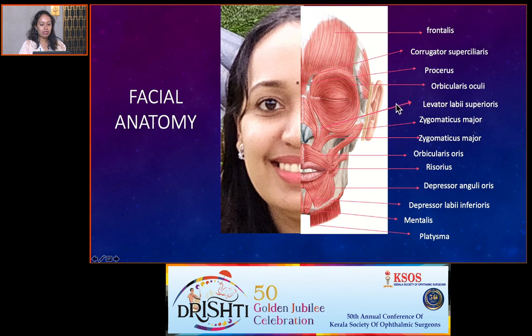Levator labii superioris and zygomaticus major and minor help in upward movement of the lip. Orbicularis oris helps in mouth closure. Risorius helps in lateral movement of the angle of the mouth. Depressor anguli oris and depressor labii inferioris help in the downward movement of the lip. Platysma helps in the downward movement of the mandible.